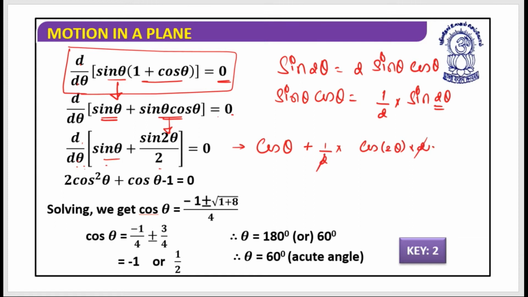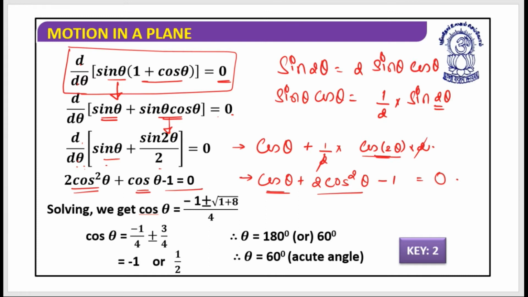Yes, this has gone. So this is cos theta plus cos 2 theta equals to 0. Cos 2 theta can be written as 2 cos square theta minus 1. So if I simplify this, it is 2 cos square theta plus cos theta minus 1 equals to 0.